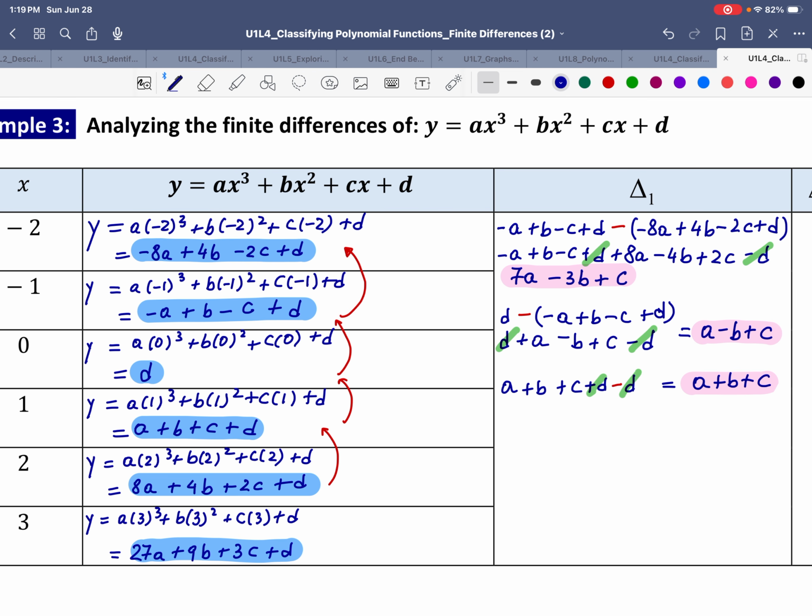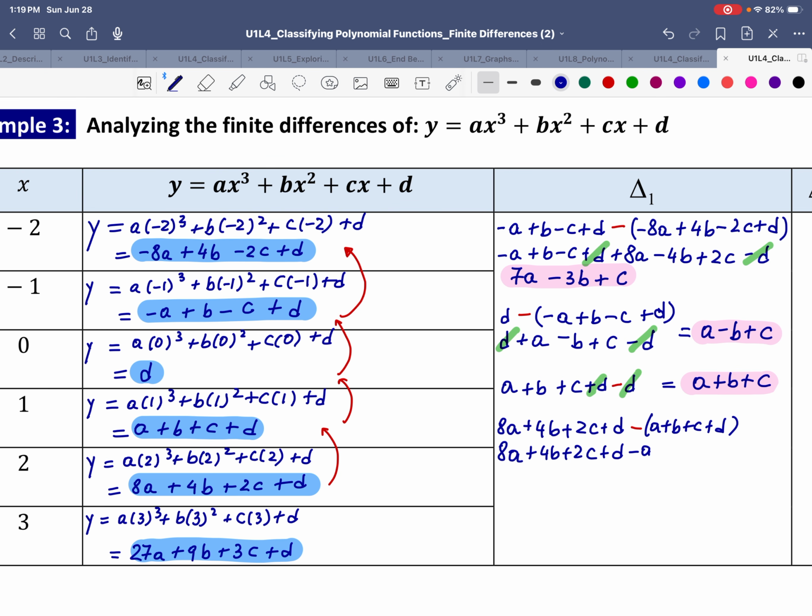We have 8a plus 4b plus 2c plus d, subtract. So we are subtracting the previous expression, which is a plus b plus c plus d. So let's do this quickly. A plus b plus c plus d. And open up brackets, 8a plus 4b plus 2c plus d.